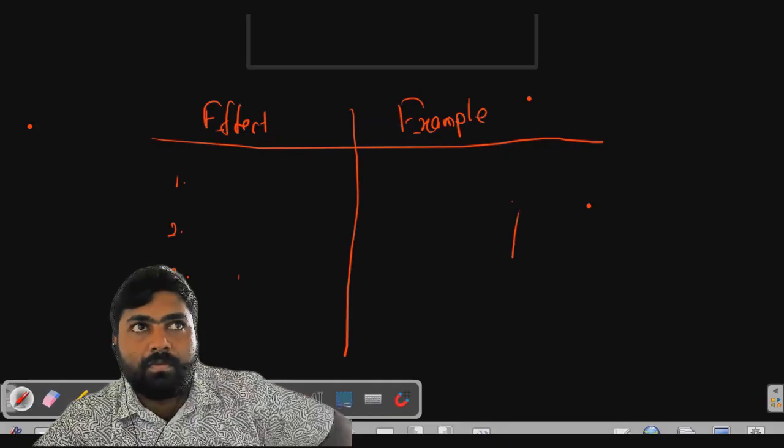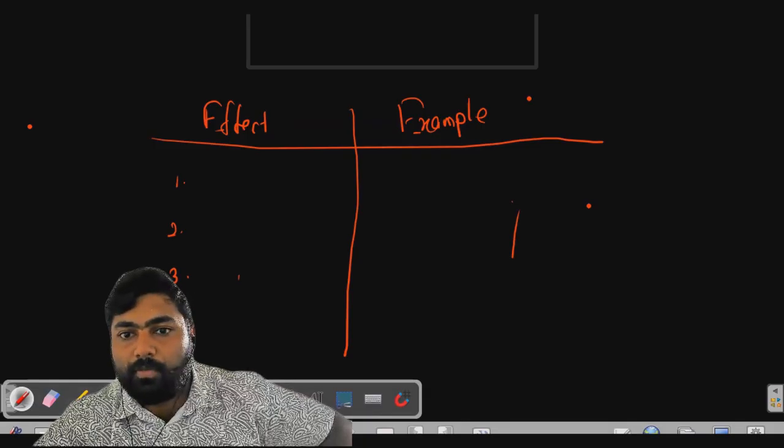I think it is better to write like this: change in the direction of a moving ball. Can you make that correction?